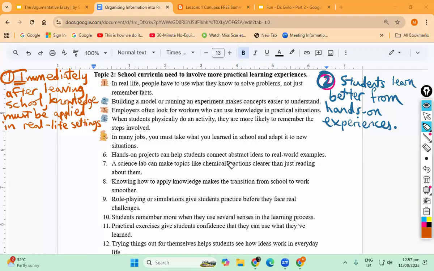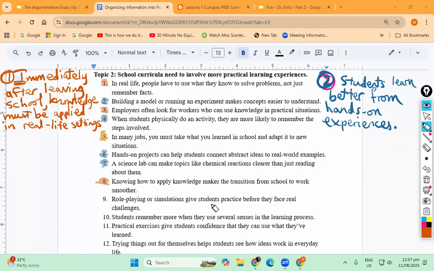Hands-on projects can help students connect abstract ideas to real-world examples. A science lab can make topics like chemical reactions clearer than just reading about them. Yeah, okay. Knowing how to apply knowledge makes the transition from school to work smoother. All right. That's like explanation, I guess.